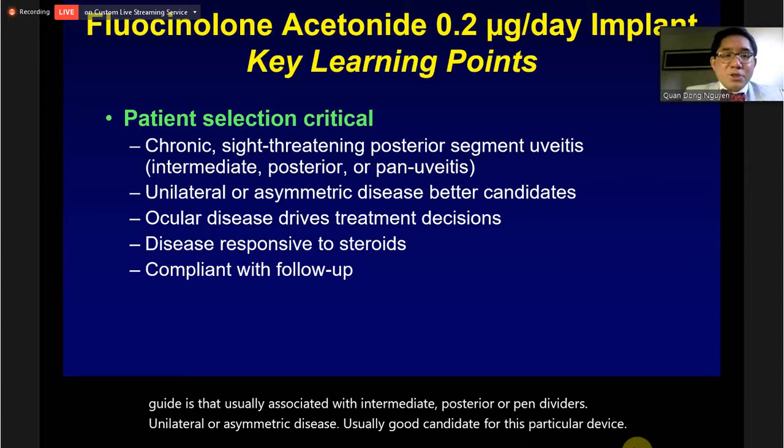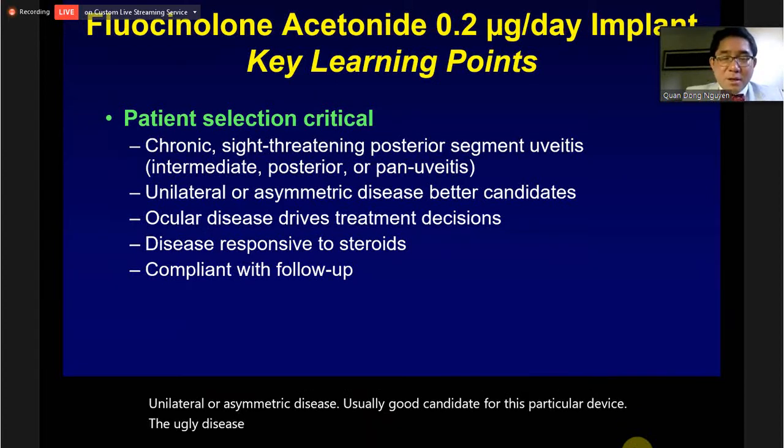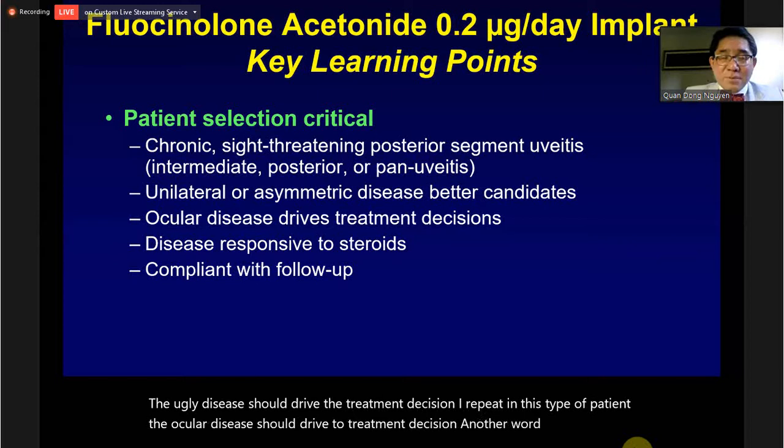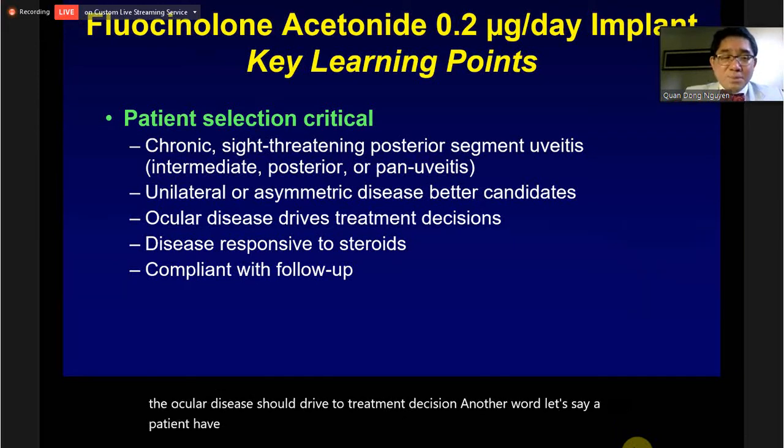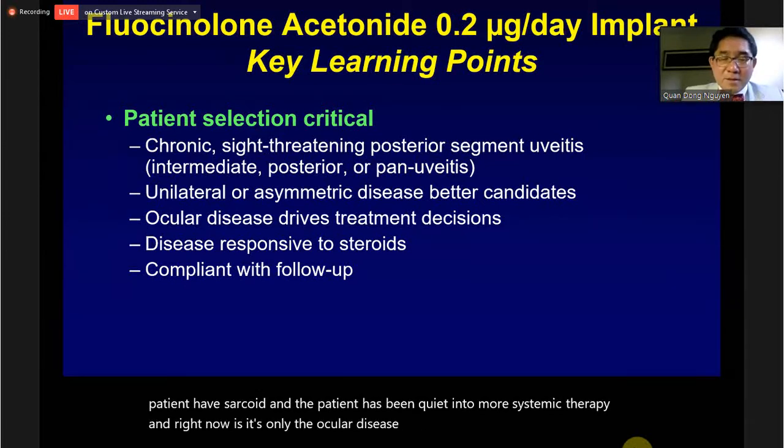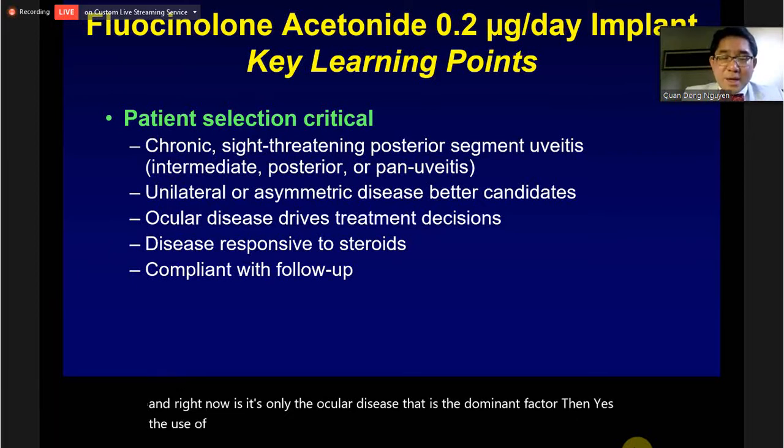The ocular disease should drive the treatment decision. I repeat, in this type of patient, the ocular disease should drive the treatment decision. In other words, let's say a patient has sarcoid and the patient has been quiet in terms of systemic therapy, and right now it is only the ocular disease that is the dominant factor, then yes, the use of the acetonide insert would be a wonderful choice.